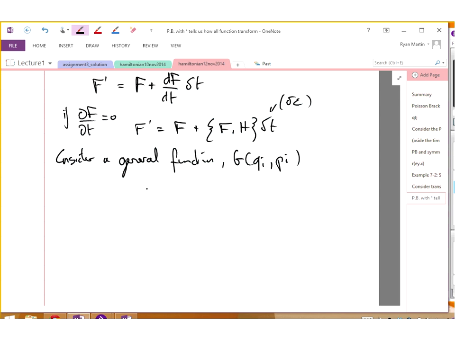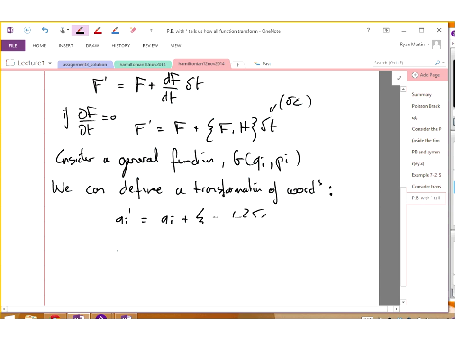So we can define a transformation of coordinates given by qi primed is equal to qi plus the Poisson bracket of qi with g, delta epsilon, and pi primed equals pi plus the Poisson bracket of pi with g.